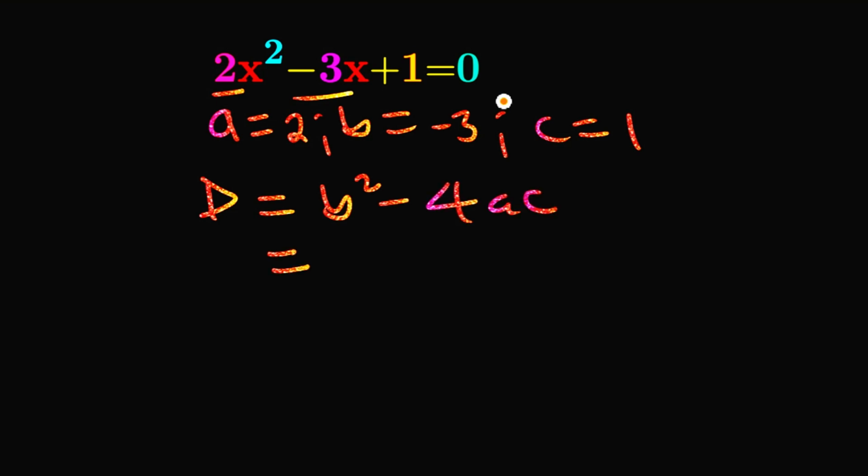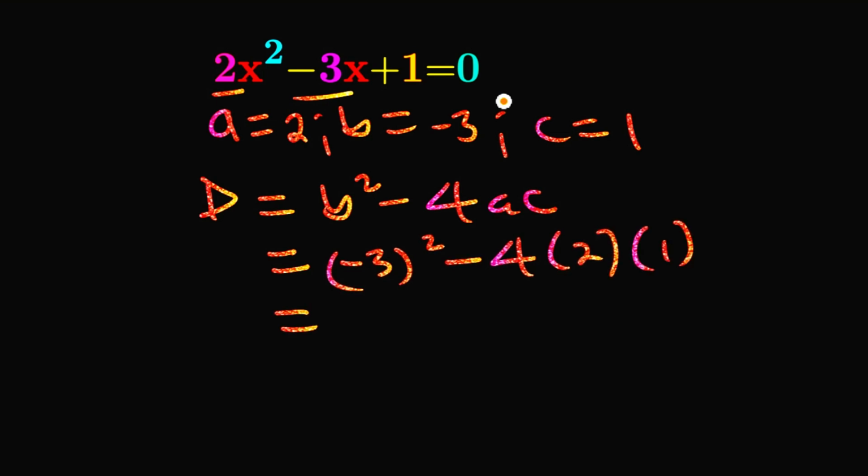Substituting, we have negative 3 squared minus 4 times 2 times 1. Negative 3 squared is 9, minus 8. So 9 minus 8 is 1.